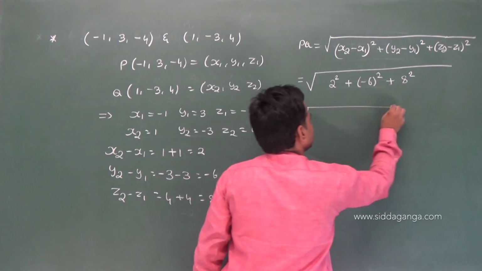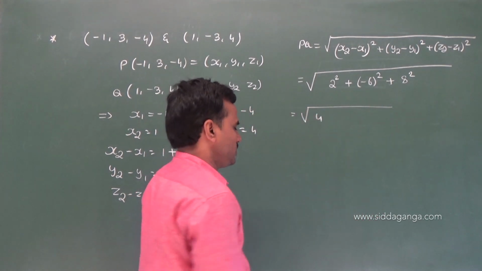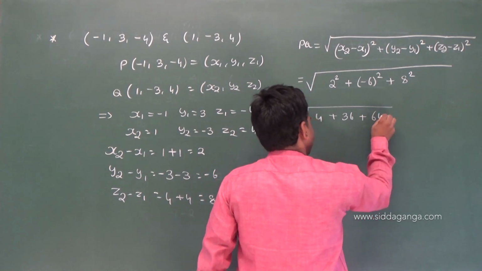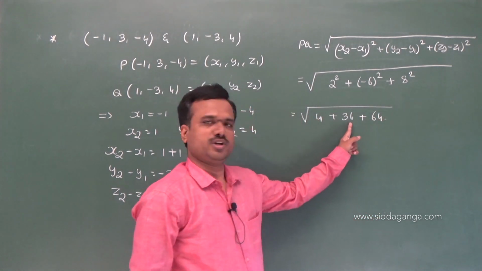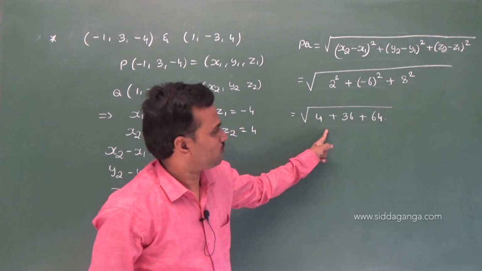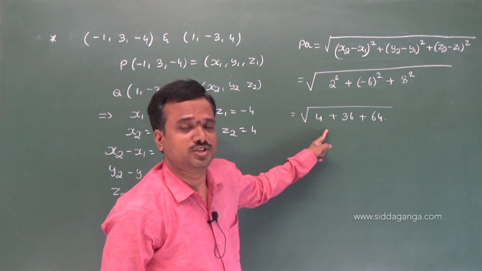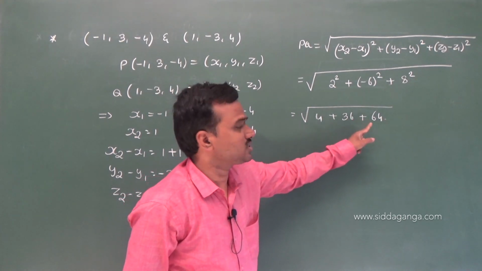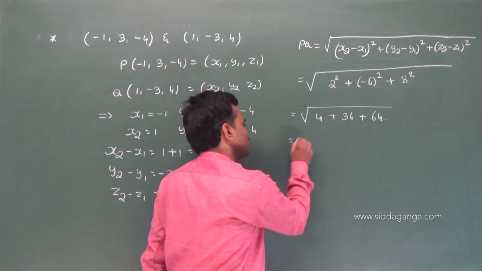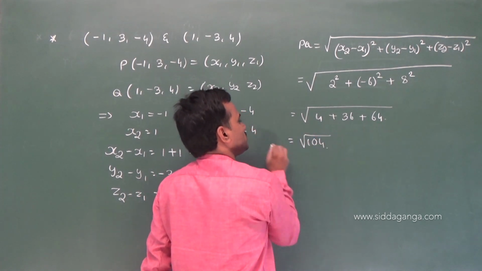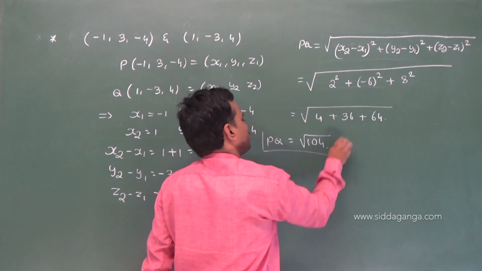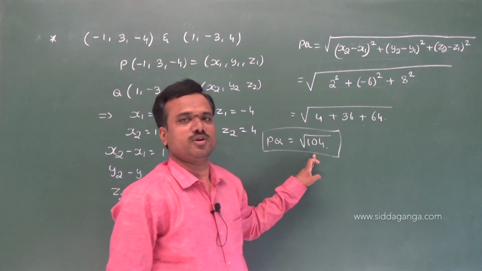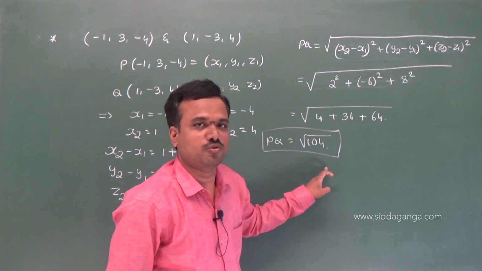Calculate. 2 square is 4. 6 square is 36. 8 square is 64. 36 plus 4 is 40. 40 plus 64 is 104. So the distance between these 2 points is given by square root of 104.